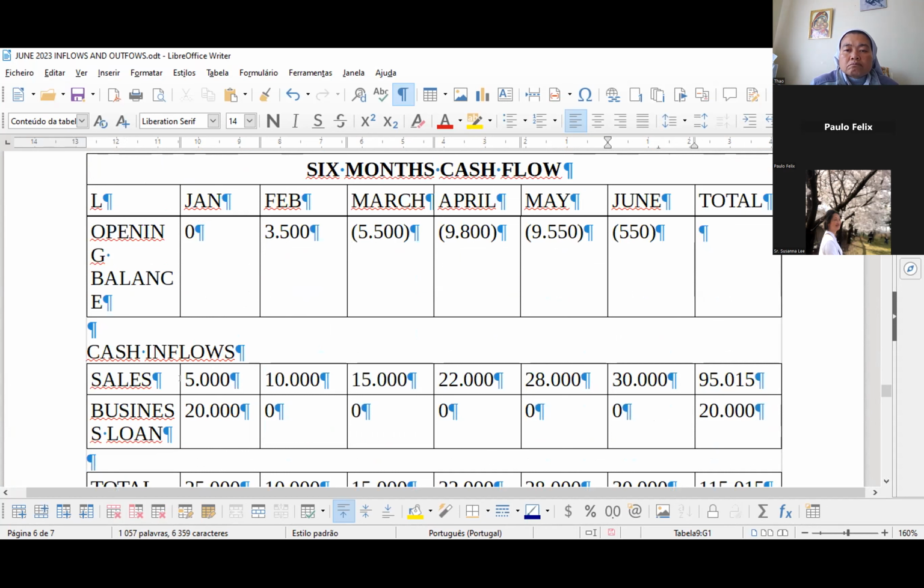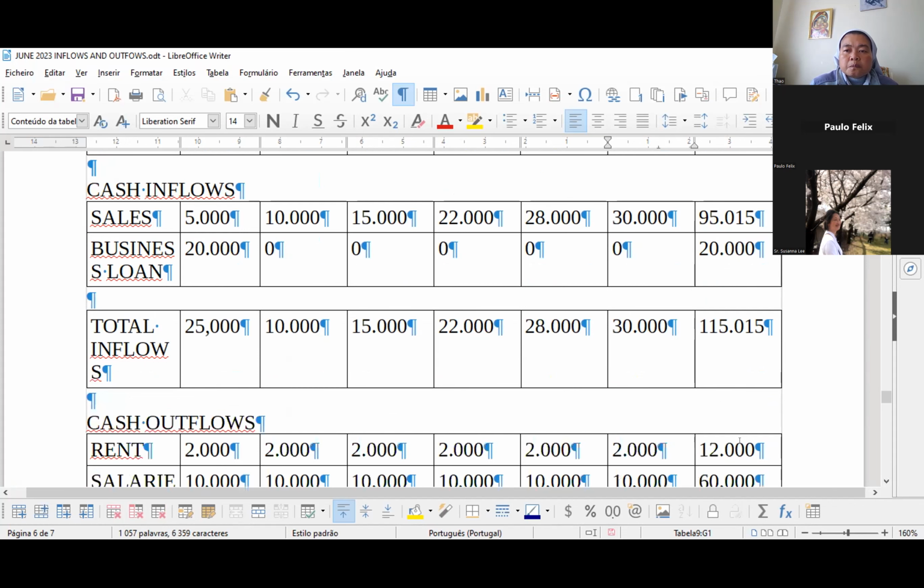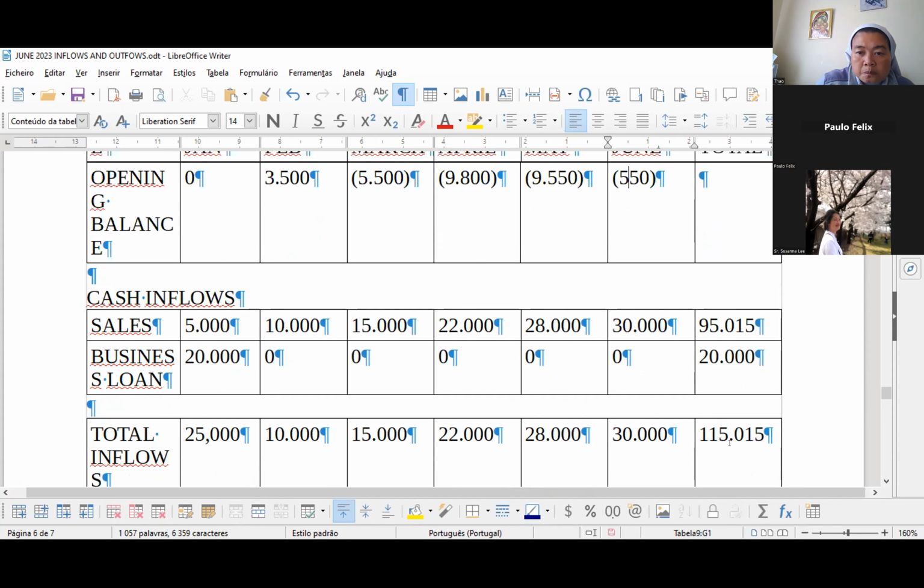So at the end of June, you had a negative balance of 550, and then sales of 95,050 rands. If you sum all this, with 20,000 of business loan, it comes to 115,050 rands of total inflow. So this is the income of 115,000.